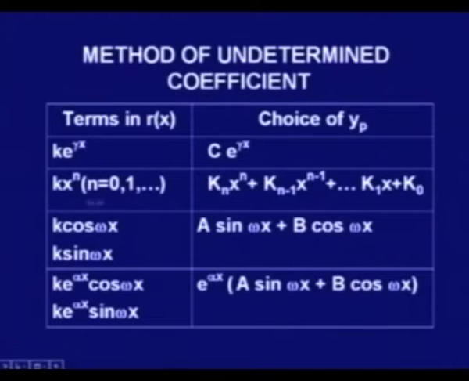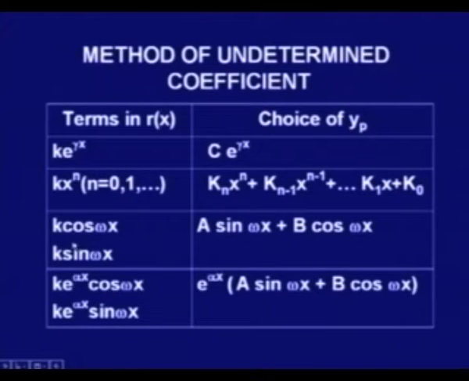See here, we are not taking only k times x to the power n, we are taking the complete polynomial k naught plus k1 x plus so on up to k n x to the power n. So, if it is a polynomial or some terms of a polynomial, in the choice of y p we will always choose the complete polynomial of degree n.